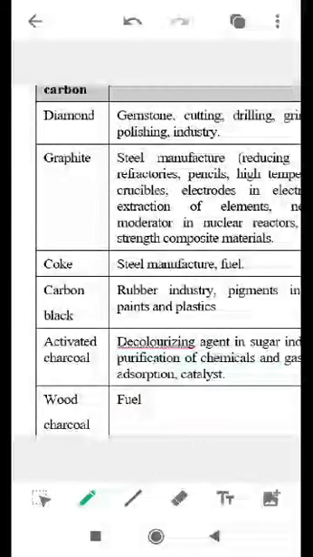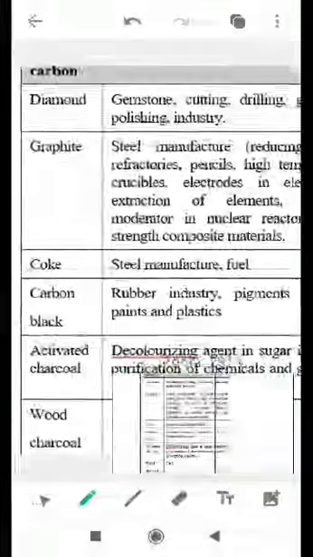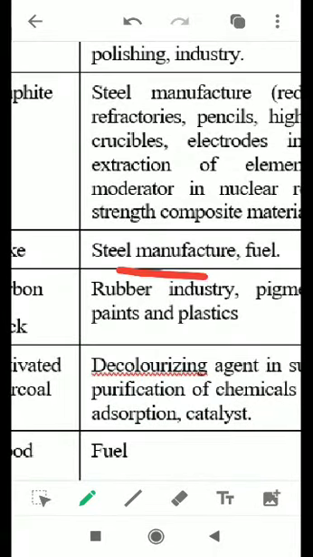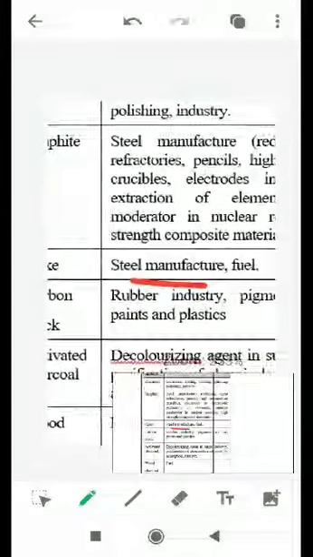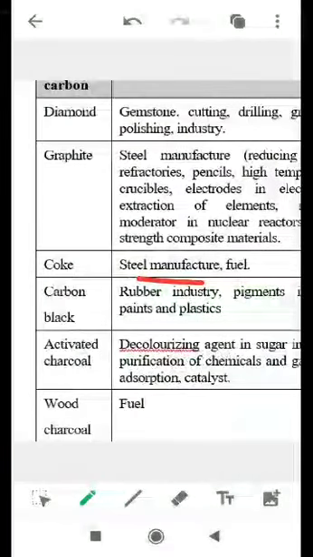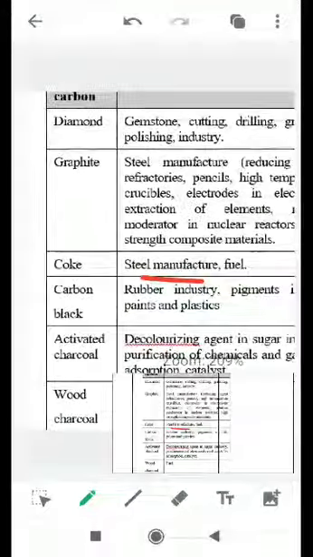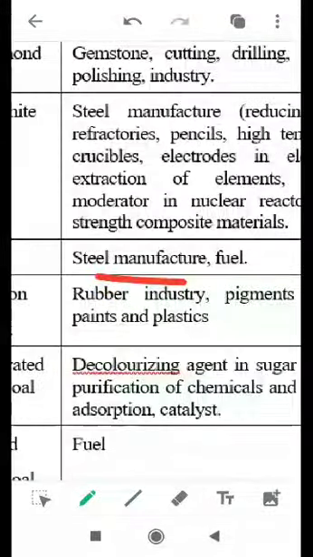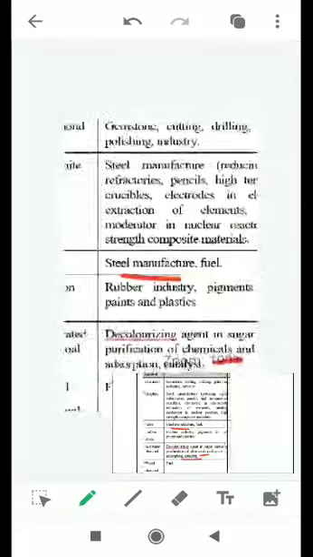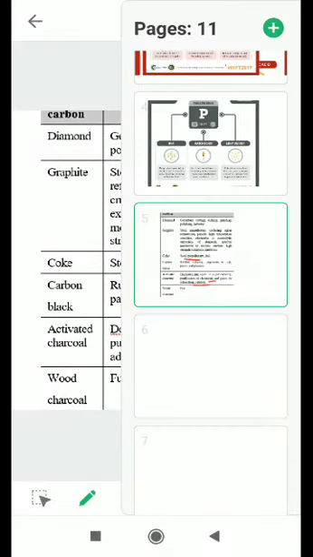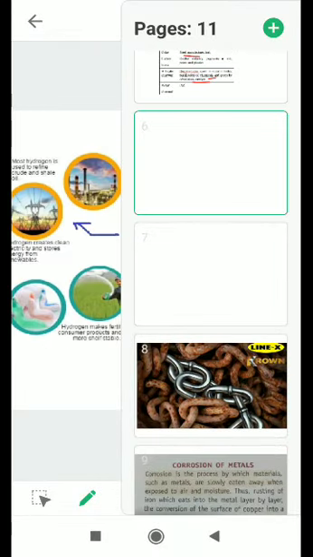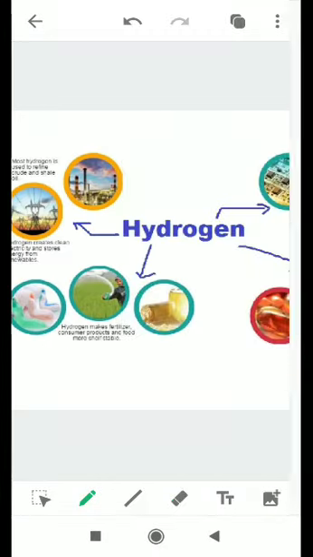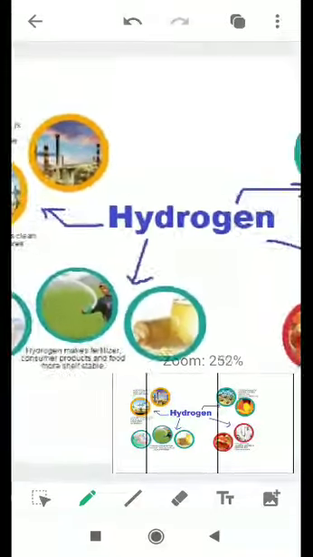And coke, another form of carbon, is used in the manufacture of steel. Carbon black is used in the rubber industry and paint industry. Activated charcoal is used in the purification of sugar, air, and water. Clear?